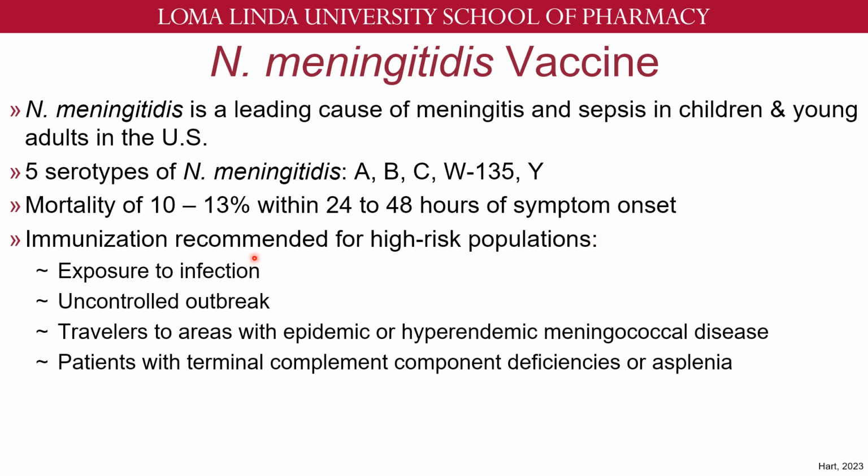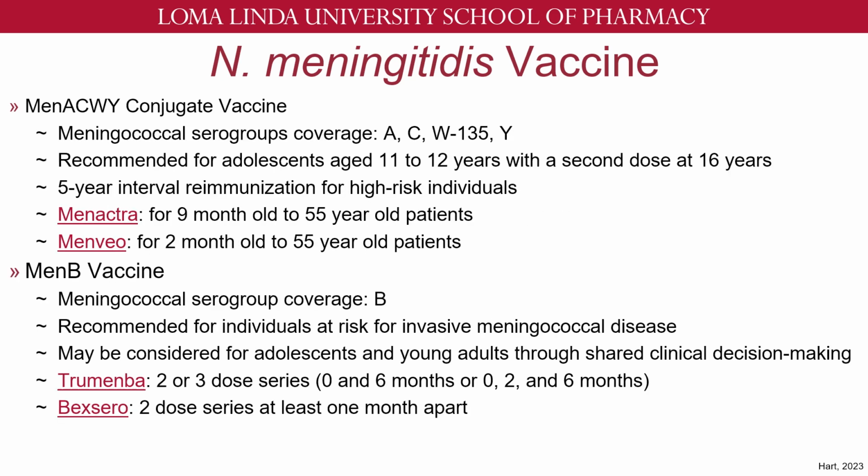And so immunization is recommended for our high-risk populations. So patients who have had an exposure to the infection, maybe there's an uncontrolled outbreak somewhere, if you're traveling to an area with an epidemic or hyperendemic meningococcal disease, or patients with a terminal complement component deficiency or asplenia.